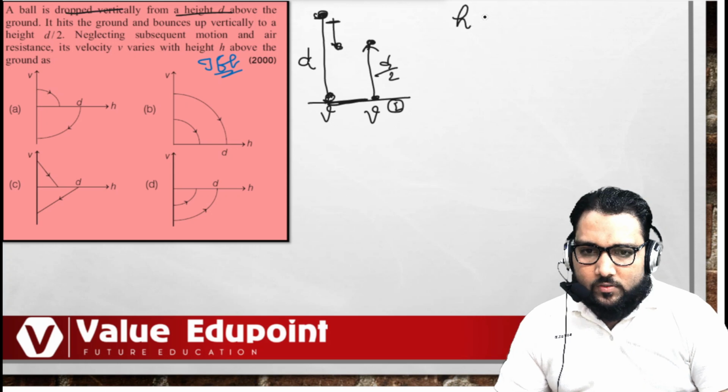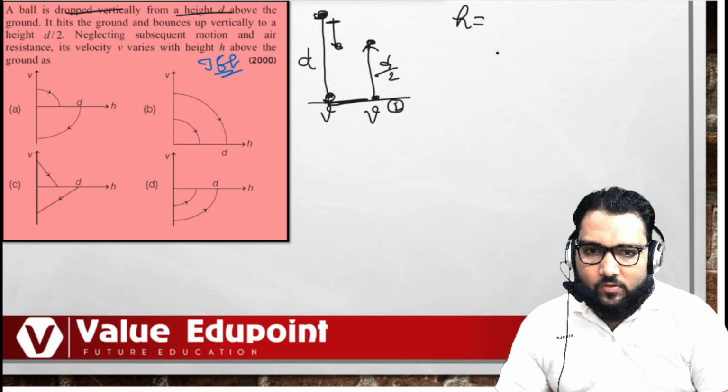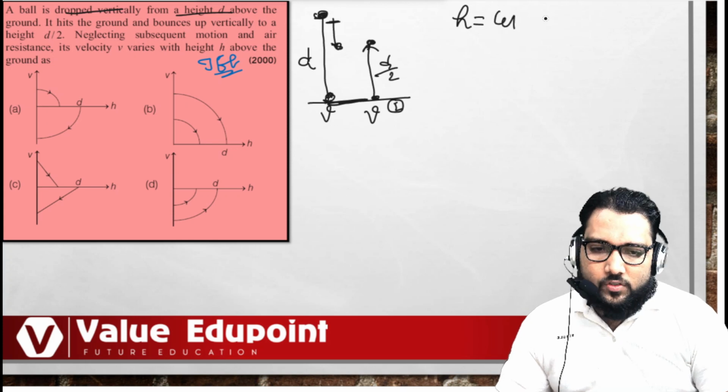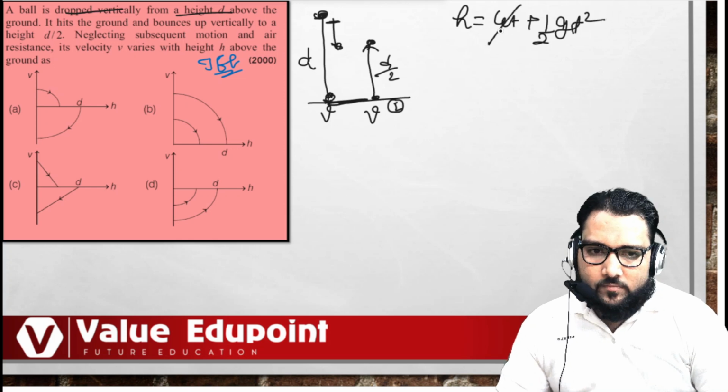We can use the second equation of motion, s equals ut plus half gt square, where u is 0. But we have to find the relation between v and h, so we do not use this equation.